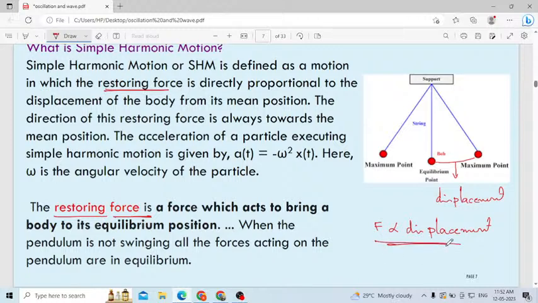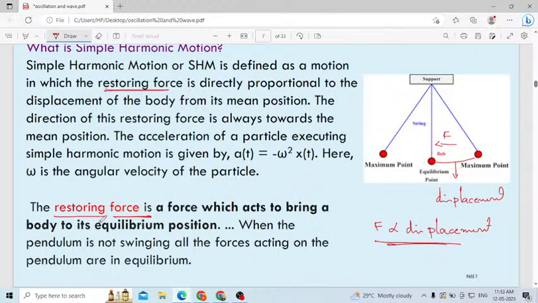This is the relation they are telling here, in which the restoring force is directly proportional to the displacement of the body from its mean position. The direction of this restoring force is always toward the mean position. This is the direction of the restoring force. Once this bob moves to the maximum point, it has to come back to its mean point, and to come back it requires some force.